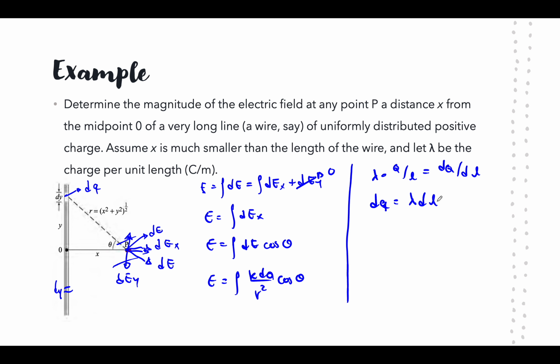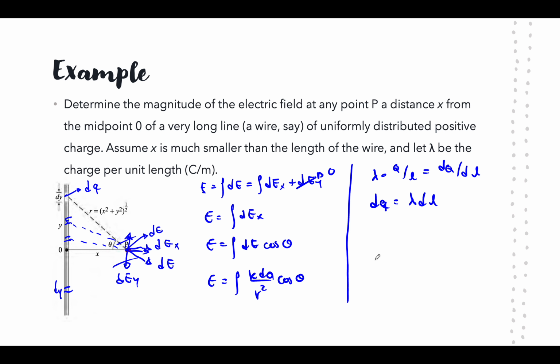I also know that r is equal to x squared plus y squared to the power of 1/2, but in this case r is not a constant because as we move our length differential to different places, r changes, as well as theta. Okay, so different variables here.